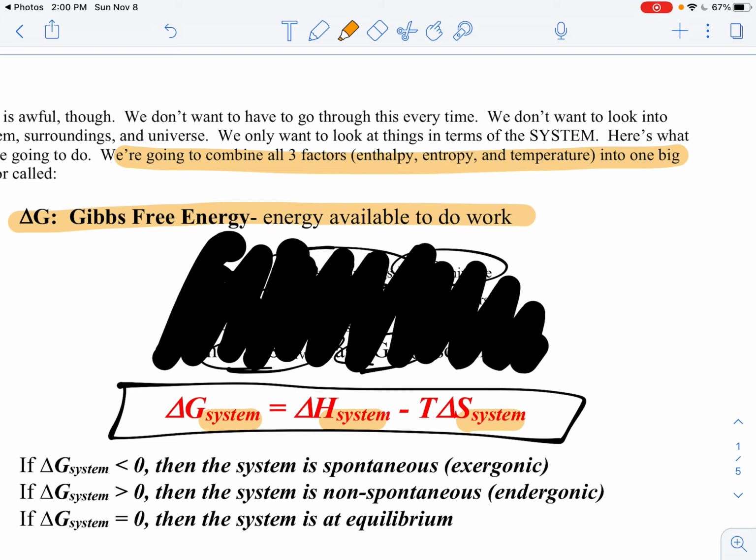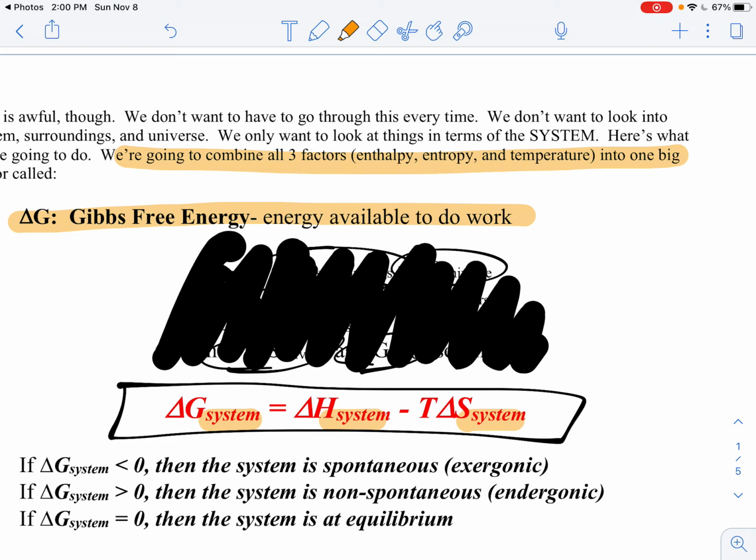Let's just say that I have circumstance number 1 here, where delta H is less than 0 and delta S is greater than 0. So this is a negative sign, and then I'm going to be subtracting from that my T and my delta S. Now T is in Kelvin, so T is always positive.